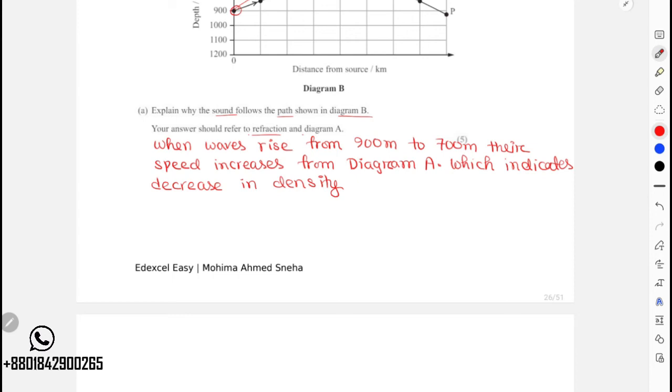Decrease in density causes your what? Decrease in density causes your waves to move away from the normal.